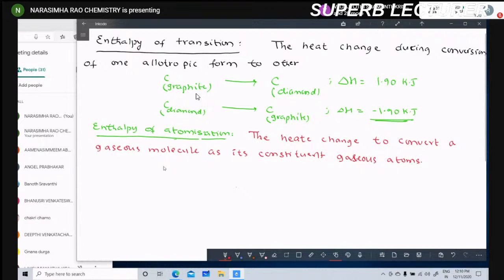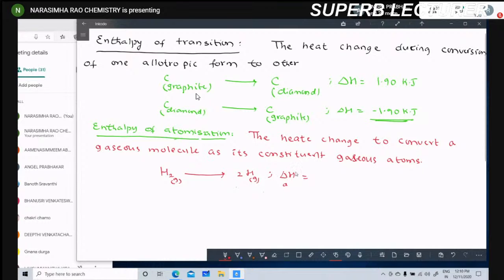For example, children, take hydrogen H2, which is in the gaseous state. Some heat is supplied to it, and it changes to hydrogen in the gaseous atomic state. For this process, delta H for atomization requires energy to break the bonds.